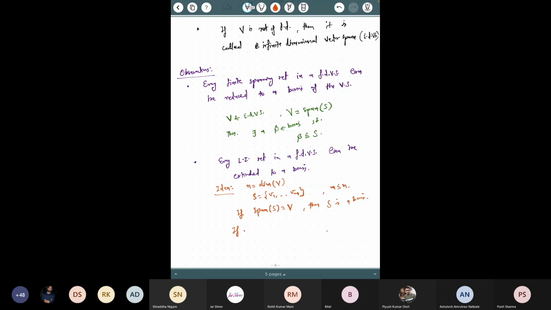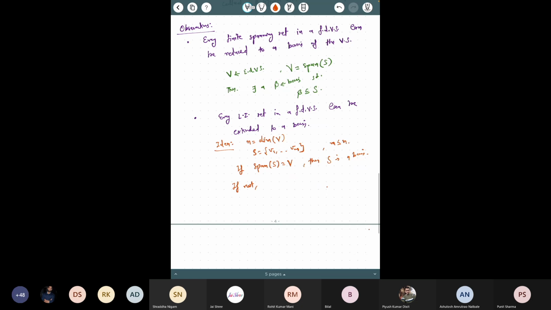But if not, if span of S is not equal to V, then what do you do? You choose one vector v which is in V but not in span of S. There exists such a vector because these two sets are not equal.